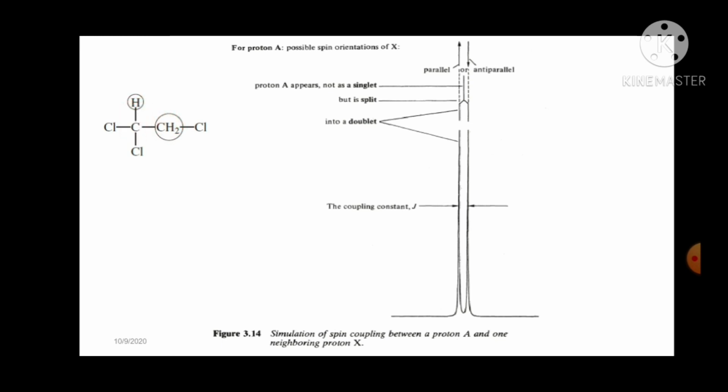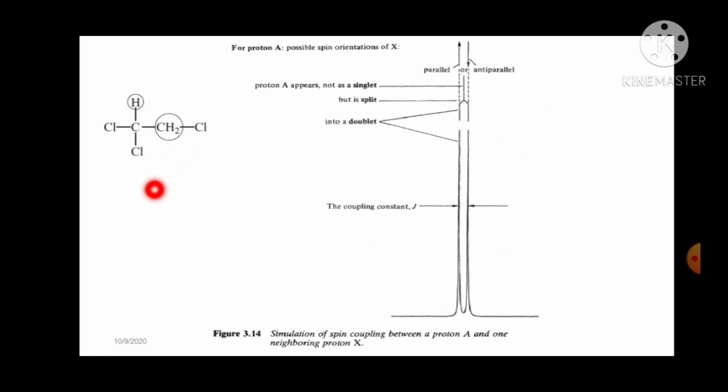So what exactly happens in theory, as we have seen in spin splitting, the multiplicity pattern doesn't depend on the number of protons in that particular set, but on the number of protons the neighboring carbon atom has. So for that CH2, the neighboring carbon has one proton, and that's why the CH2 signal has split into a doublet here. Now what exactly happens when we take this molecule and record an NMR spectrum?